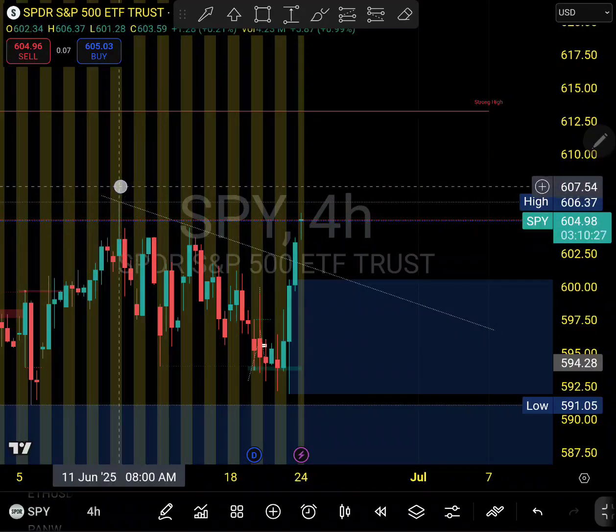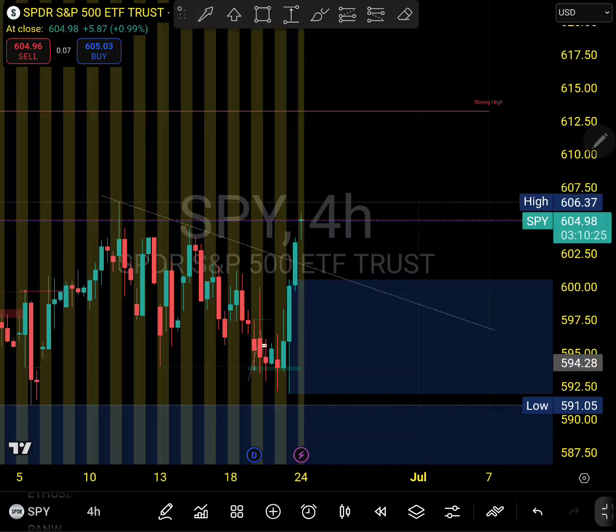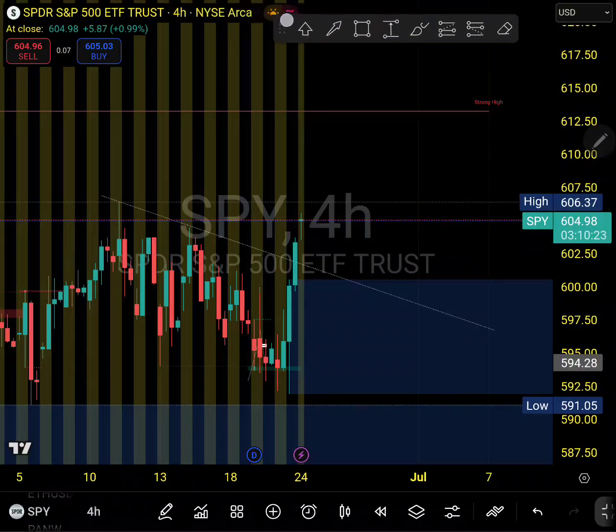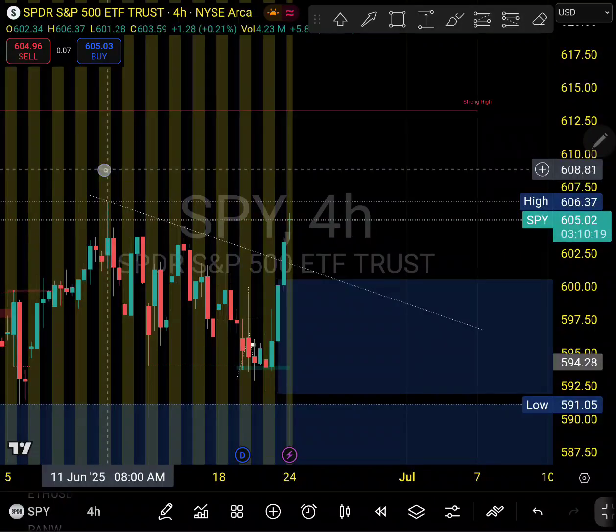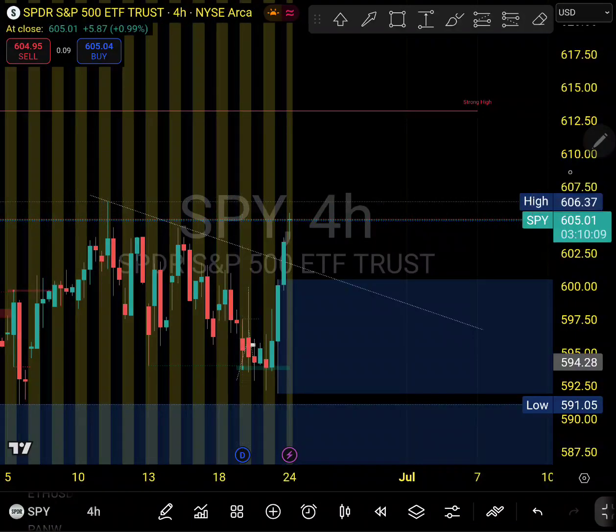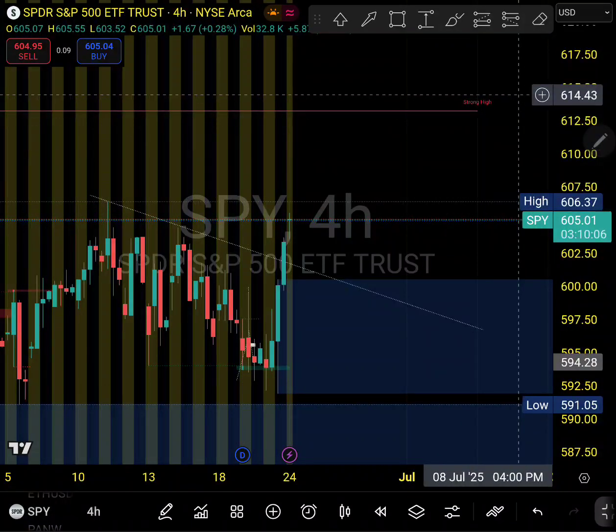If I take the high of the candle, it was 606.37. So 606.37 will be the new high on 4 hours.